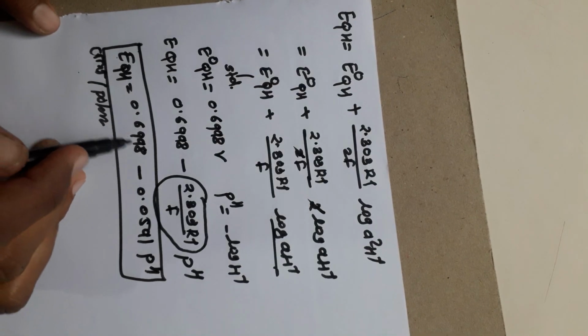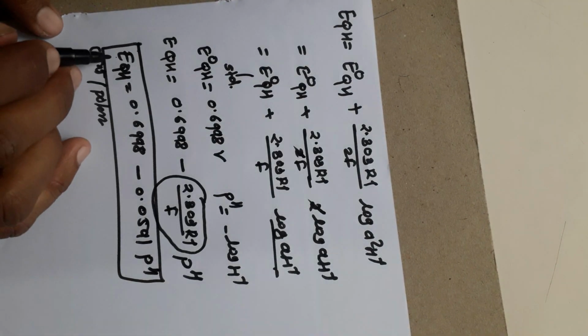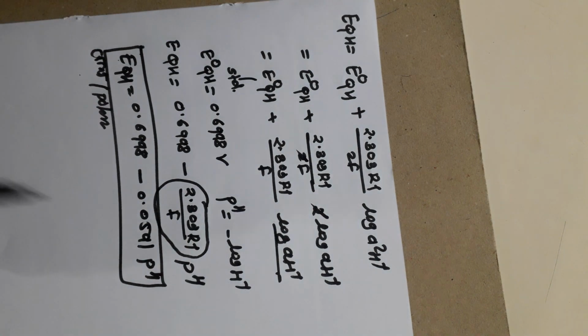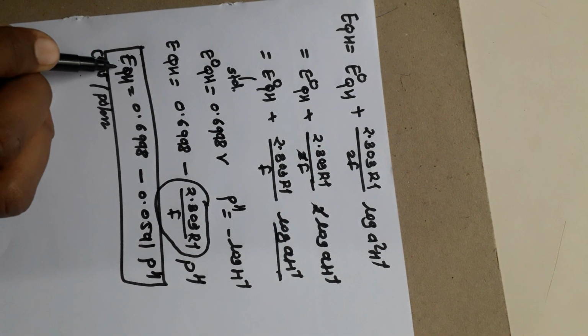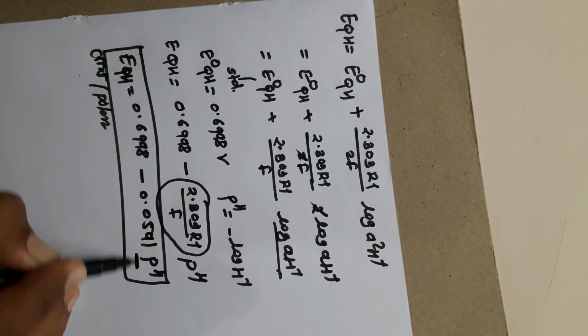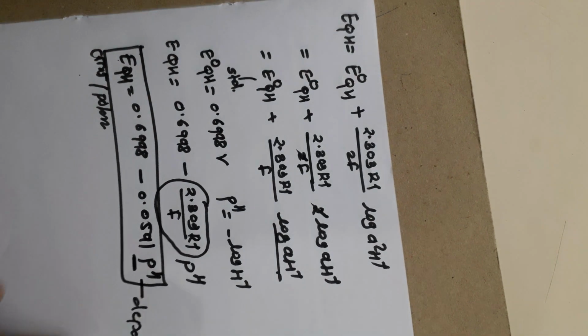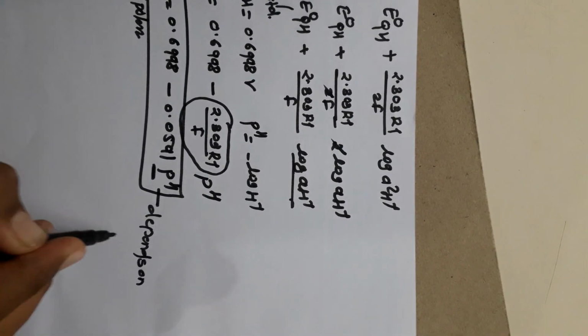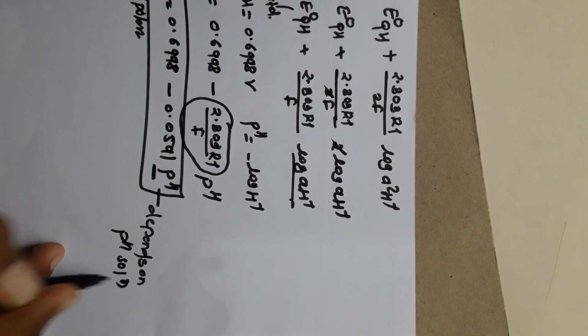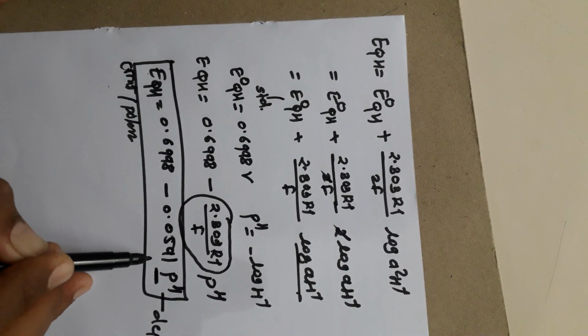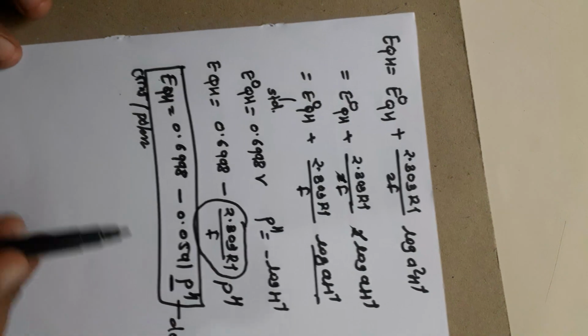This equation is used to determine the cell potential of the quinhydrone electrode. In this equation, the EMF of the quinhydrone electrode depends on the pH of the solution.